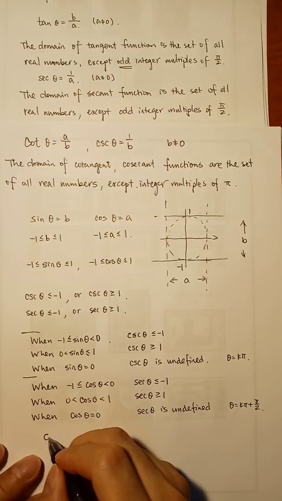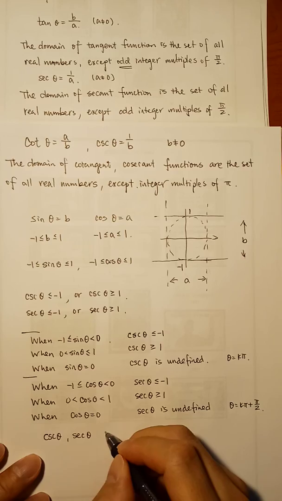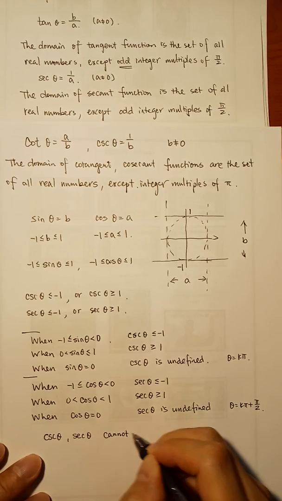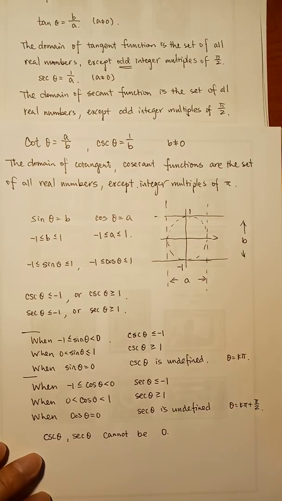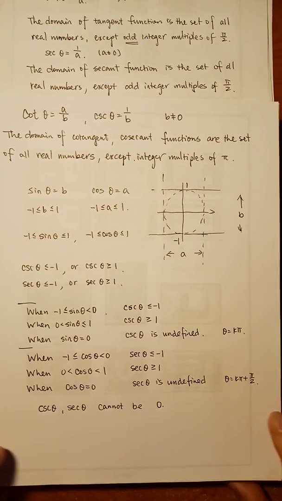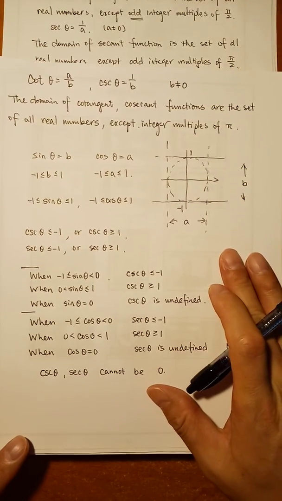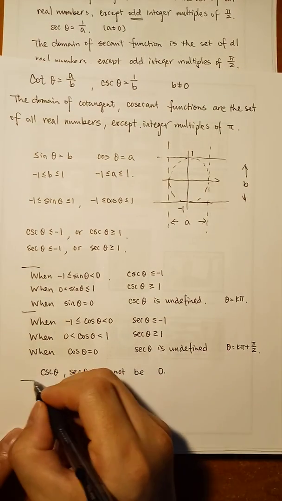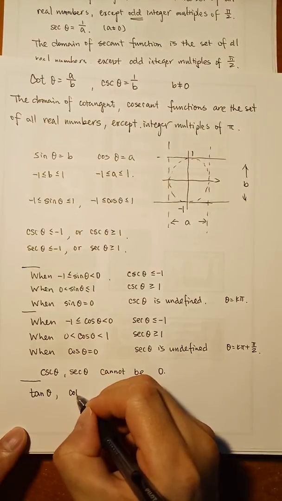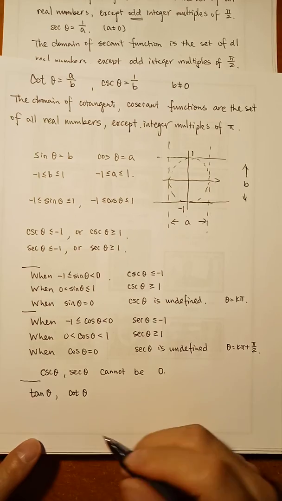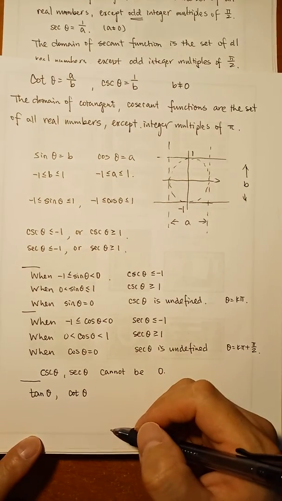So cosecant theta and secant theta cannot be 0 because they are reciprocals, 1 over something. The numerator 1 is not 0, so the secant and cosecant are not 0. And for the tangent and the cotangent, these two functions are defined either by b over a or a over b.